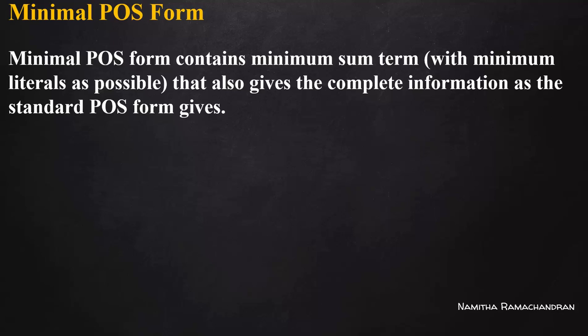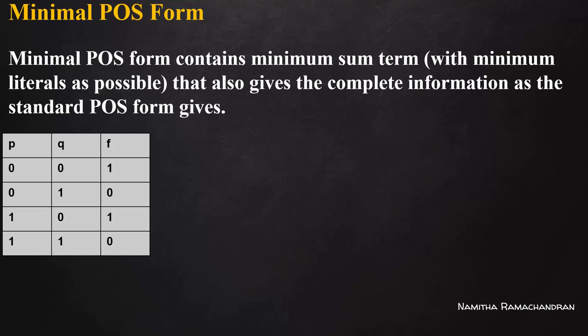Okay, so how to generate minimal POS form? Consider one simple example using two variables P and Q. And the output is like this. For these two variable values, with 0 0 output is 1, and for 0 1 output becomes 0, 1 0 output becomes 1, 1 1 output is 0. And for the generation of POS representation we need to consider the output with value 0.